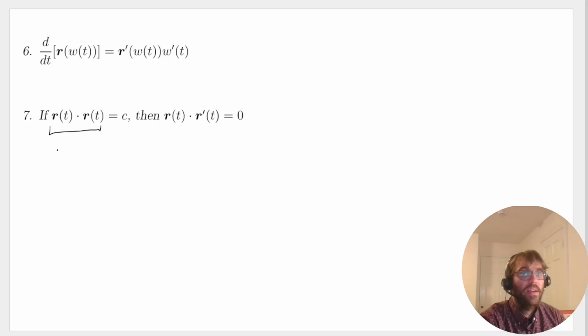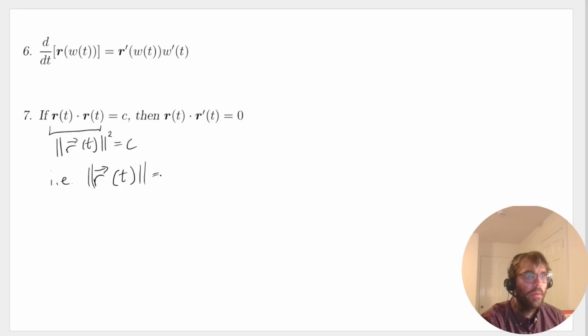This right here is the length of r of t squared, which is basically saying r of t has length root c, so the length of r of t doesn't change.